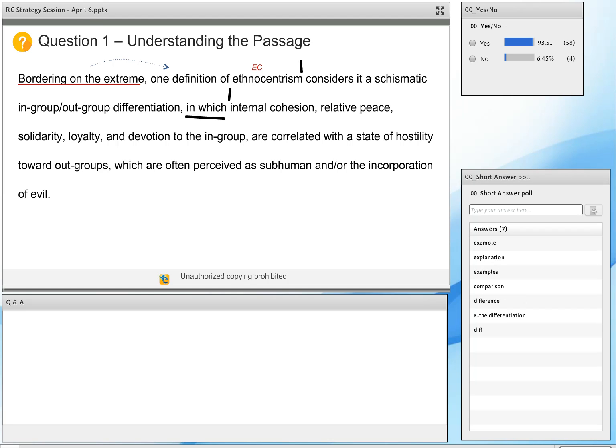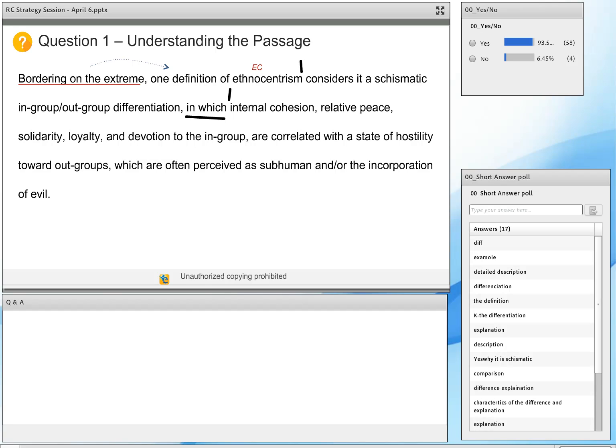Explanation, absolutely right. Explanation of the differentiation, absolutely right. Now, because that's a detailed explanation, I can pause and let me just understand what the author has said till this point. So look at this where I am pausing. This is my second pause in this sentence, right? So let's read it further.